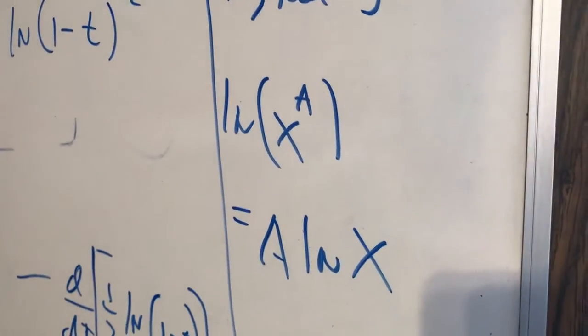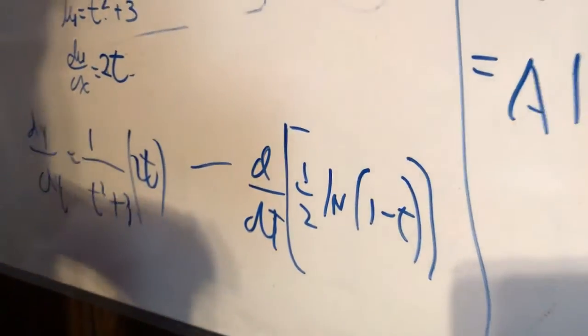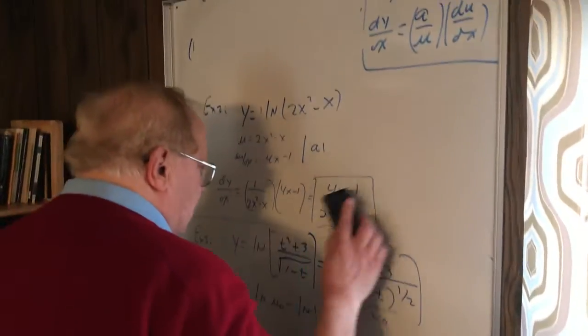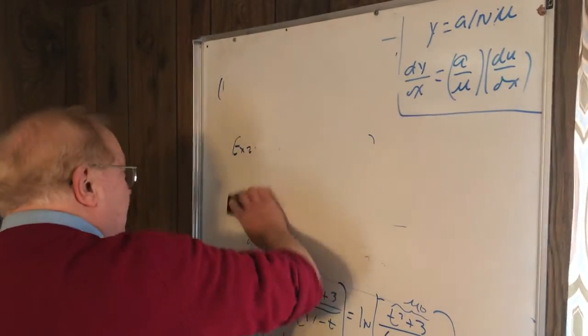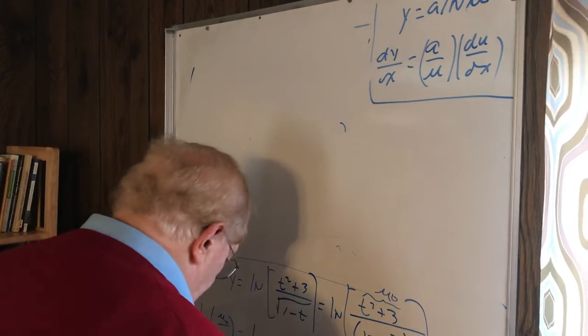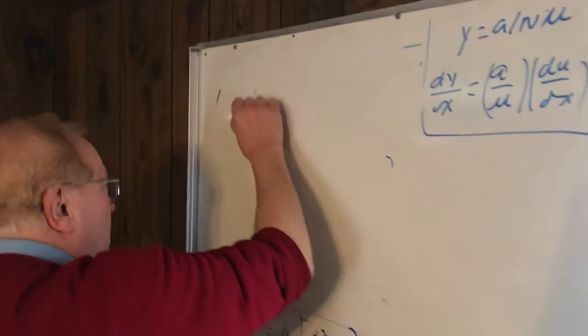Well, let's erase the top of the board here and continue on with this problem. Notice as I use the log rules, the problem got easier and easier. So let's write that back up here.